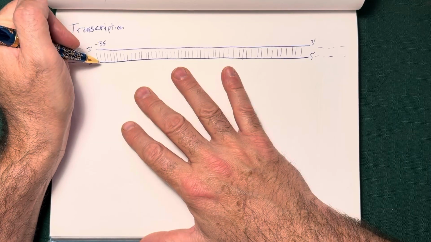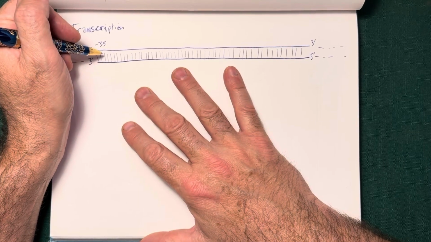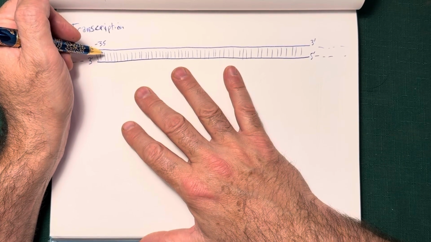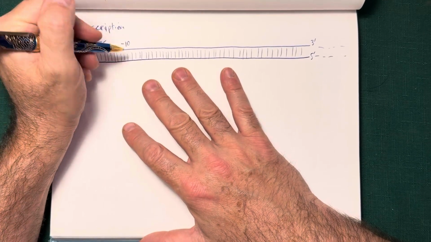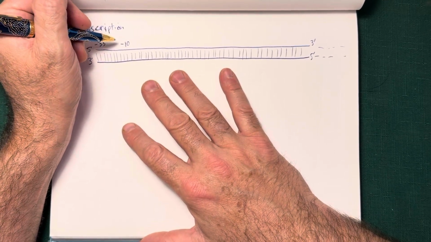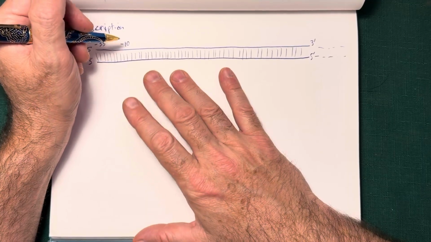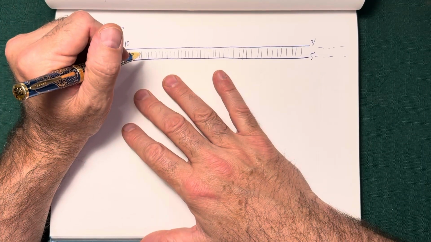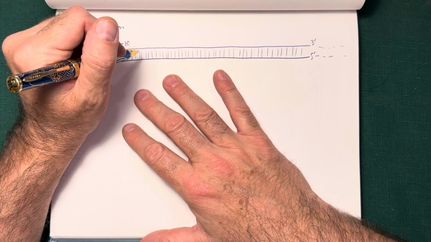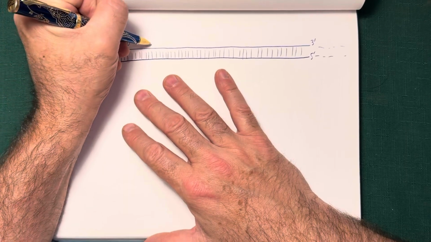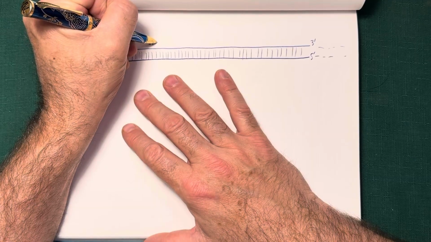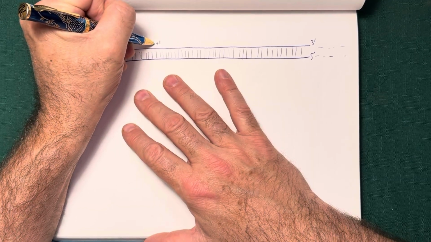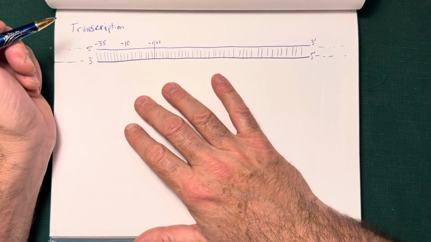So up at the -35 region, we're going to find that promoter. And then there's going to be another important location that's at -10 from the first nucleotide that is going to actually get made into the messenger RNA. So then we'll get to -1, and there is no nucleotide 0. So we go from -1 to +1.